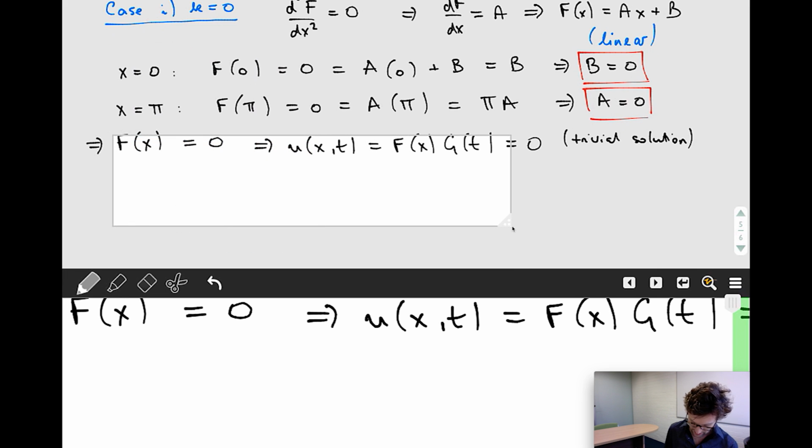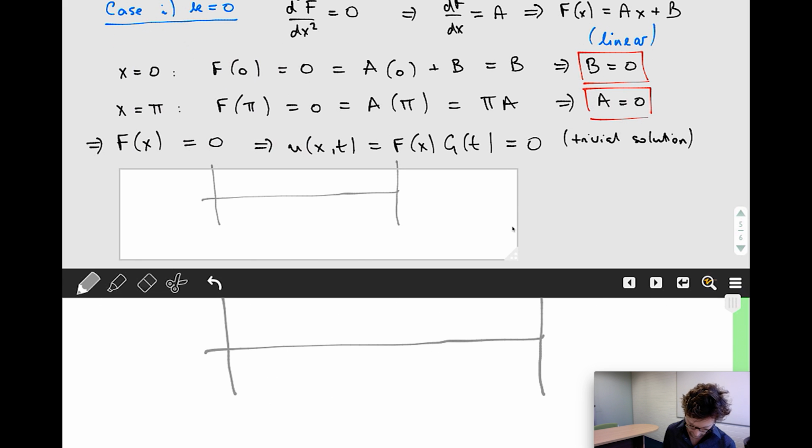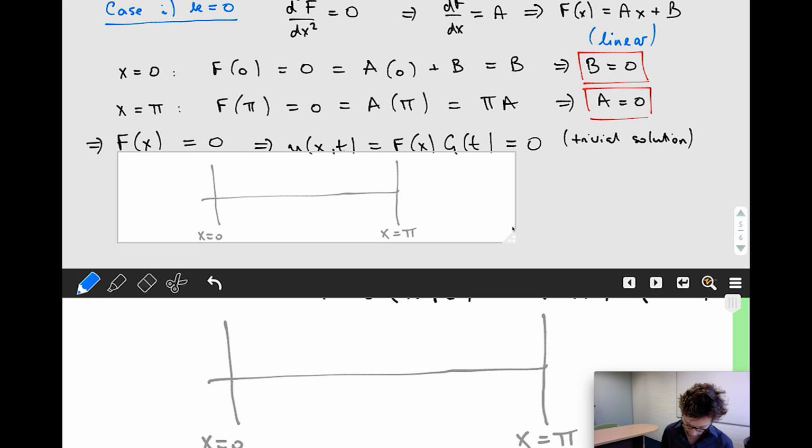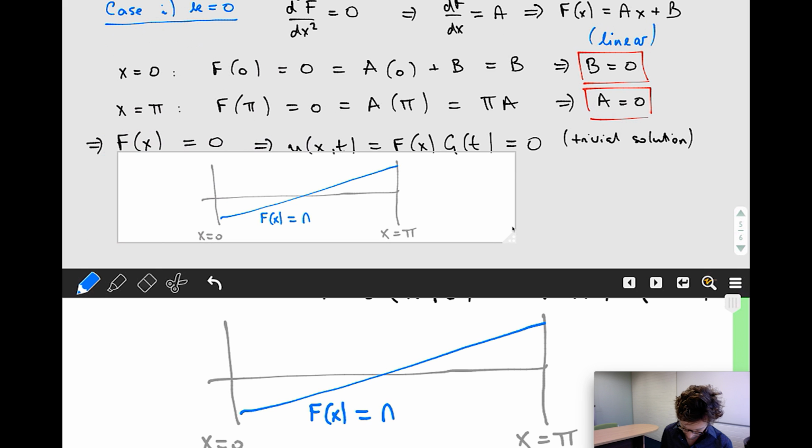So if I was to sketch the string, here's x is equal to 0. Here's x is equal to pi. A solution f of x is equal to ax plus b would look something like this. It's a straight line. But we know that the string has to be tied down at x is equal to 0 and x is equal to pi, which means that the only straight line that will connect those two is the straight line f of x is equal to 0.